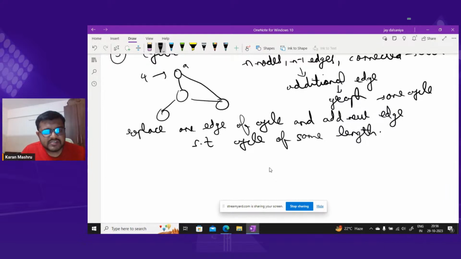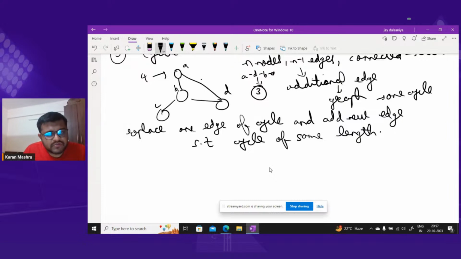For example, this is A, this is B, this is C, and this is D. So here we have a cycle A, D, B, A, which has basically three edges or three nodes. So they are asking whether I can remove one edge in this cycle and add a new edge between any two nodes such that I again get a cycle with the same length.